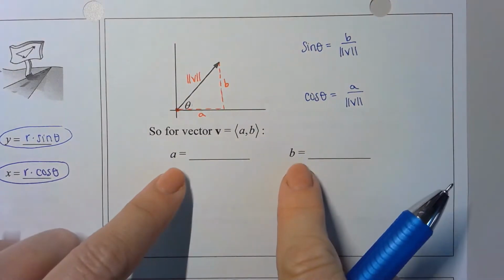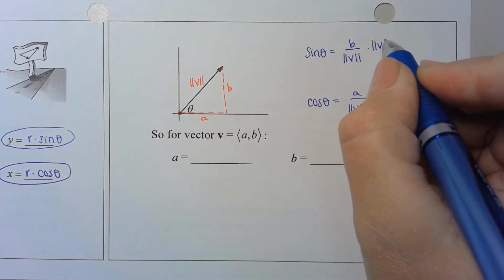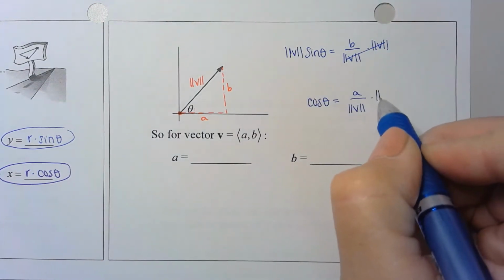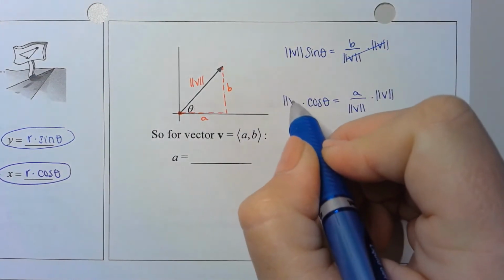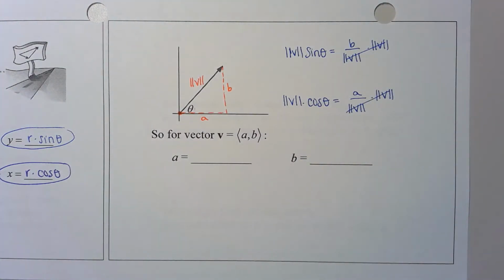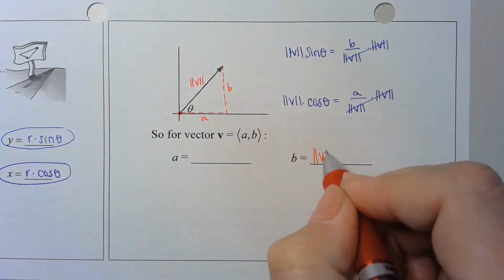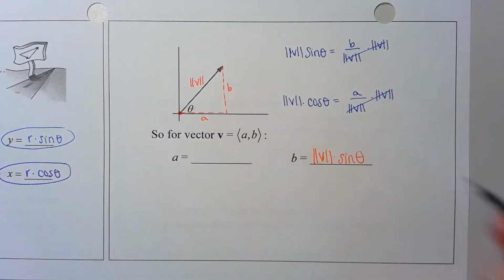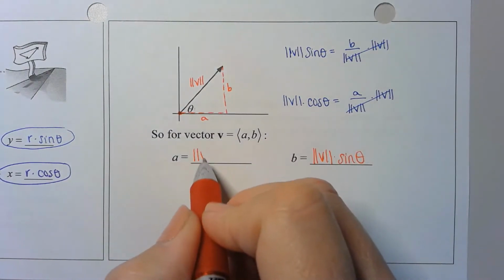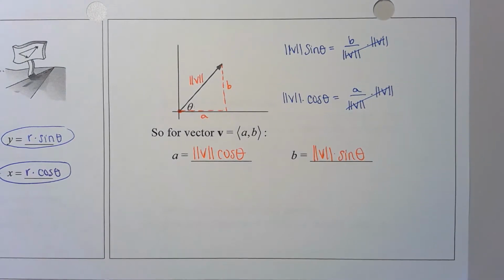So if I wanted to solve for a and b, the components, I could multiply both sides by the magnitude on both of these. It just looks a little cumbersome because of the notation. So now I'm left with b equals the magnitude times the sine of the direction, while a equals the magnitude times the cosine of the direction.